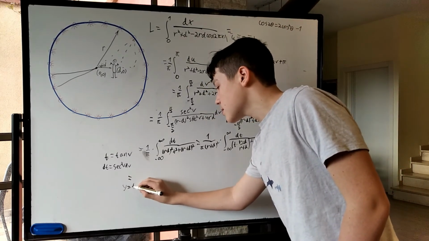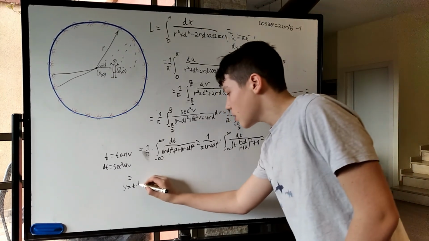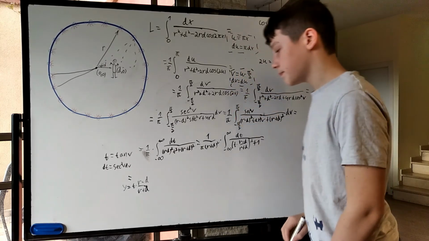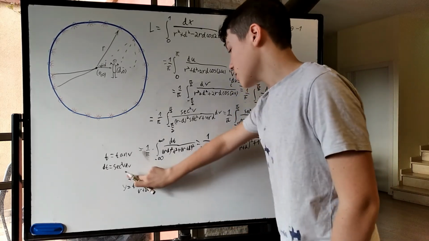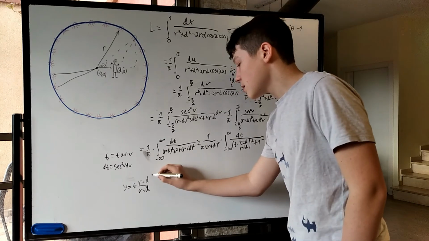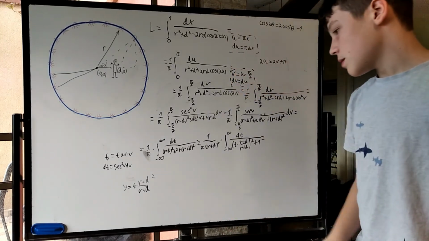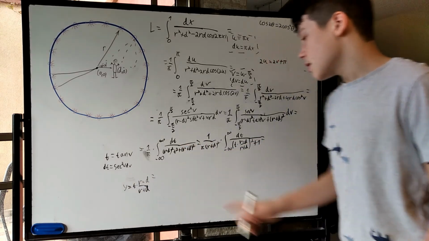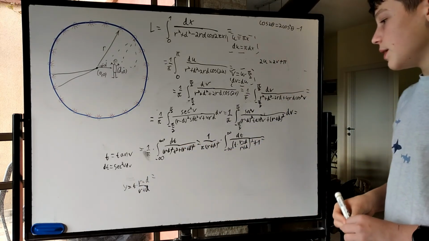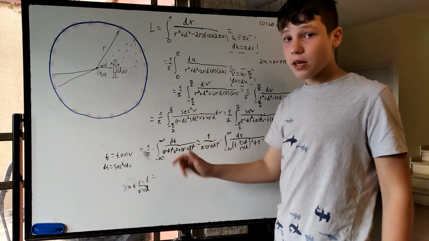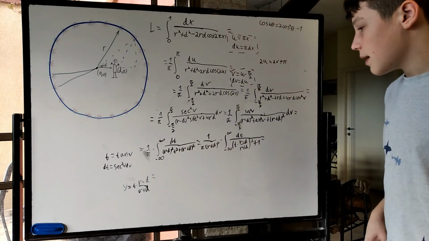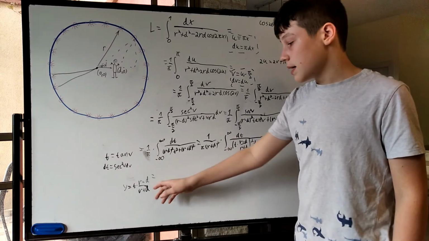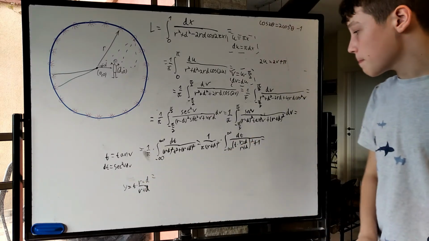I'll say y is t times r minus d over r plus d, and dy is dt times this thing, and so we need to divide by this, take the reciprocal, and then dt times 1 over this will be dy.